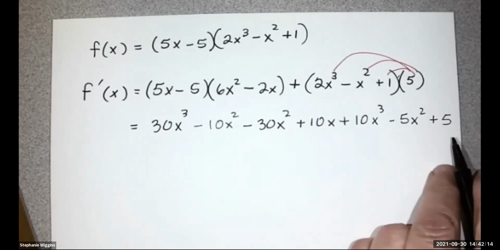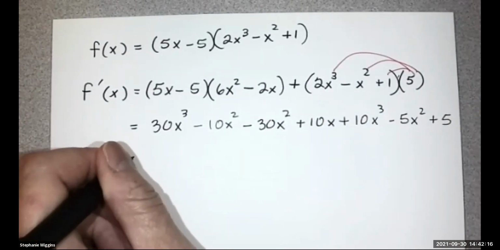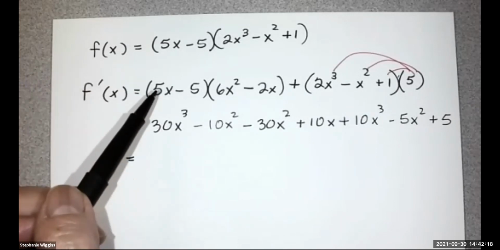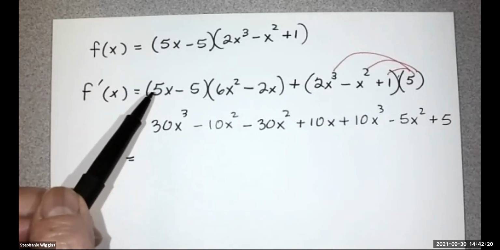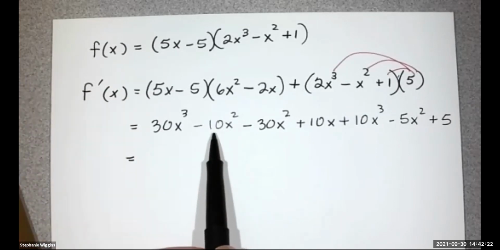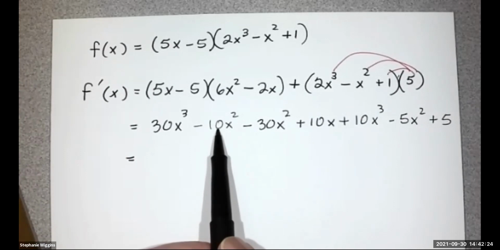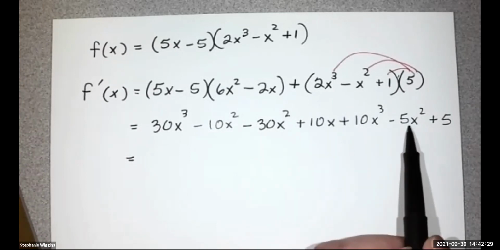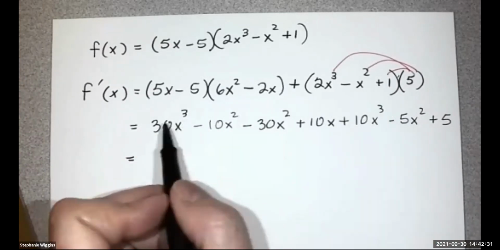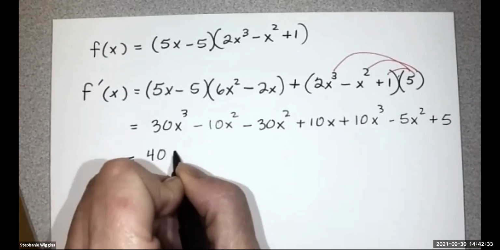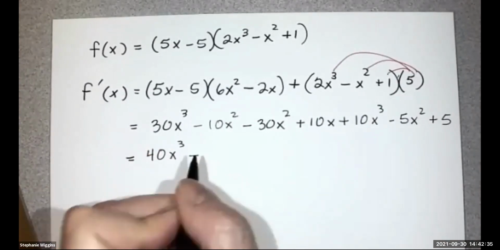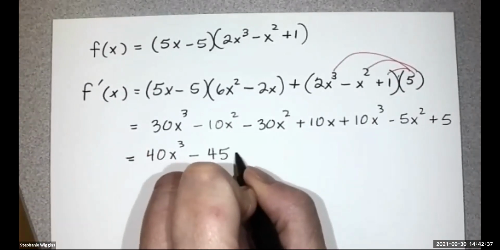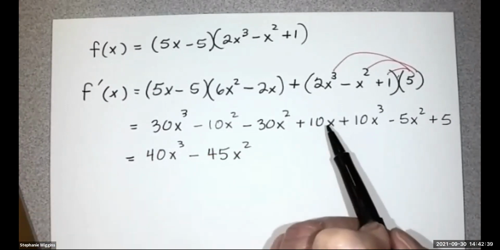So now we're going to combine like terms, and let's see, we have here negative 10x squared, negative 30x squared, minus 5x squared. Here we have 10x cubed, 30x cubed, so it looks like 40x cubed minus 45x squared.